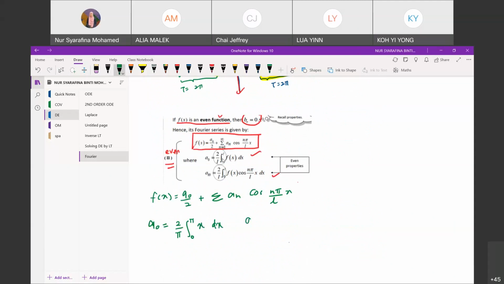Okay, and then for An, again 2 over pi from 0 to pi, also fx is x cos n pi over pi x dx. So we can just integrate cos n x dx. Okay, is that clear? So when you find your a naught and An, just substitute again to your fx to find your Fourier series. Okay, try to find a naught and An then.